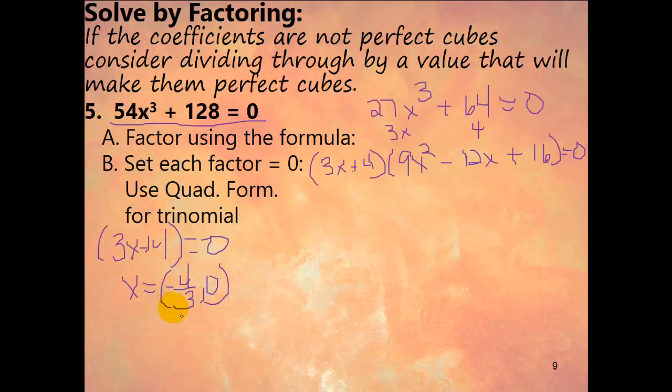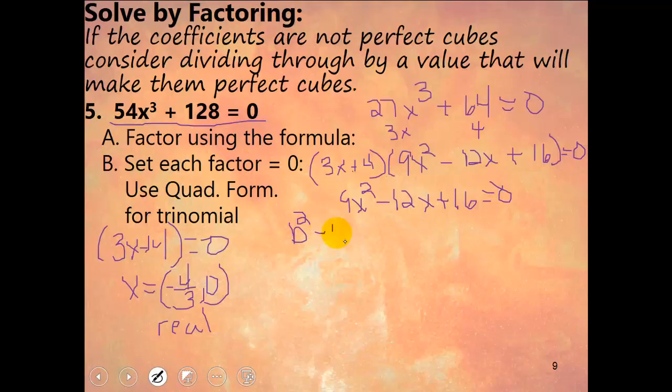So we'll have negative 4/3, and that's our real. And then we're going to take 9x squared minus 12x plus 16. And I'm going to figure out b squared minus 4ac. And that's going to give me 144 minus 4 times 9 times 16. And with that, I get negative 432.